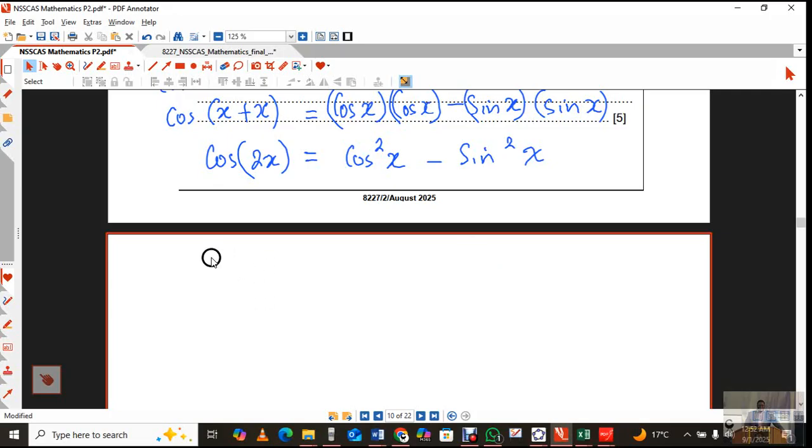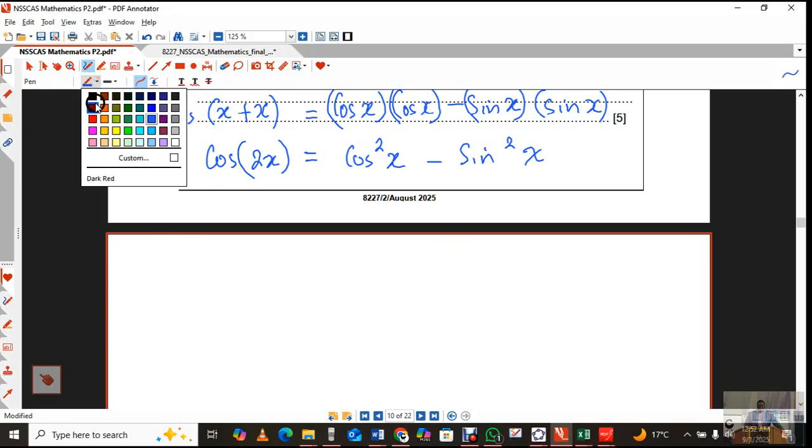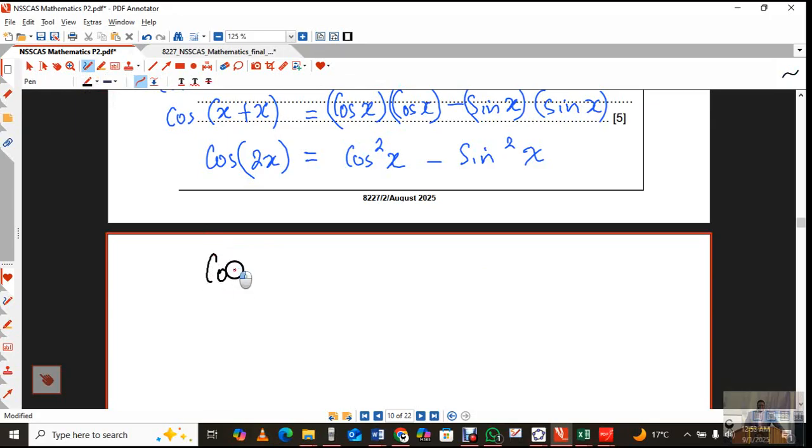This double angle still has other forms, right? Cos 2x can also be written using, I hope you remember, cos square x plus sine square x, which is equal to 1. If you make cos square x the subject, the formula is 1 minus sine square x.